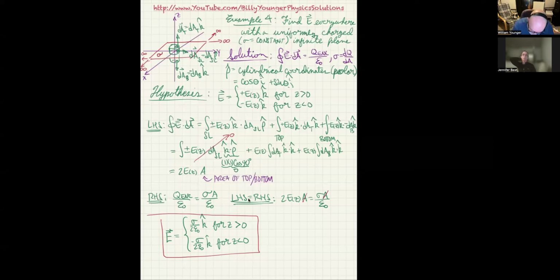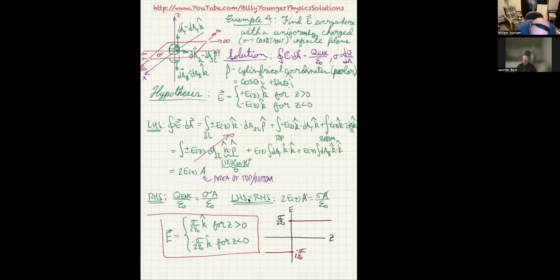So the electric field really just looks like this. Z is here, E is here. This is going to be sigma over 2 epsilon naught, and the electric field is going to be this. And then if I go down here, this would be negative sigma over 2 epsilon naught.